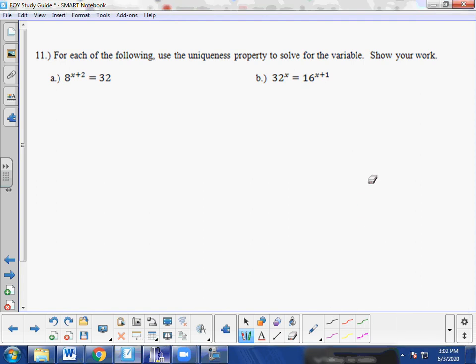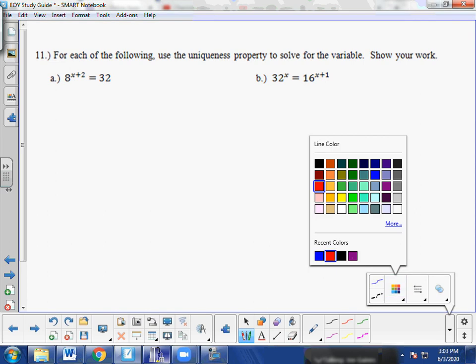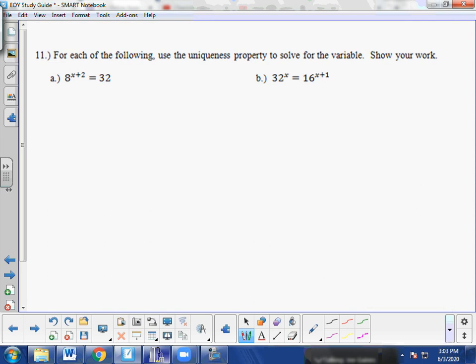Taking a look at problem number 11, problem number 11 is in the same unit, but it starts to change topics into exponential and logarithmic functions. And so this problem says to use the uniqueness property to solve for the variable. So we want to solve this using what's called the uniqueness property.